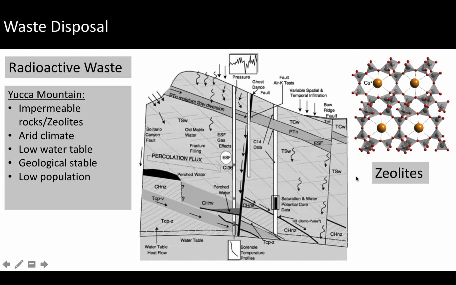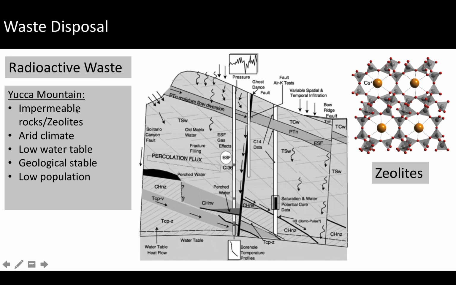Okay? Again, it's an underground system, and the horizon where it would be buried is right here. This is a layer that would be hollowed out through drilling, and it would be in this zone protected from infiltrating or percolating groundwater. Okay? There are a number of reasons why the Yucca Mountain site was chosen.